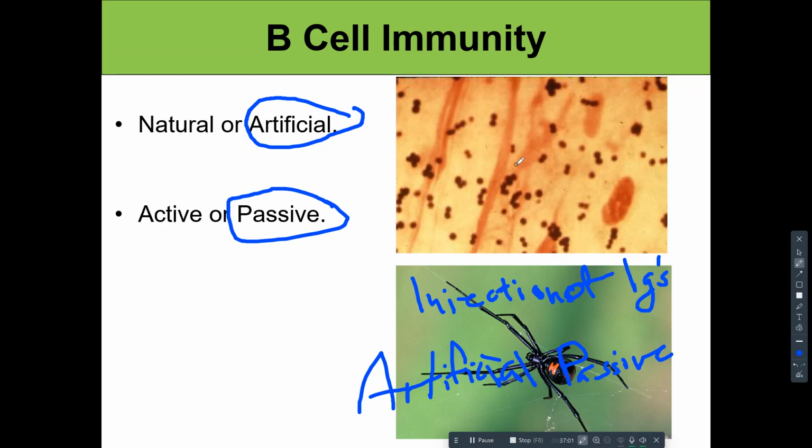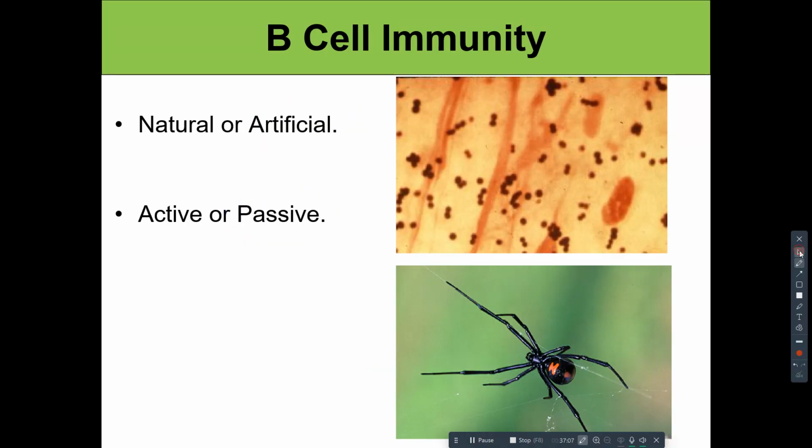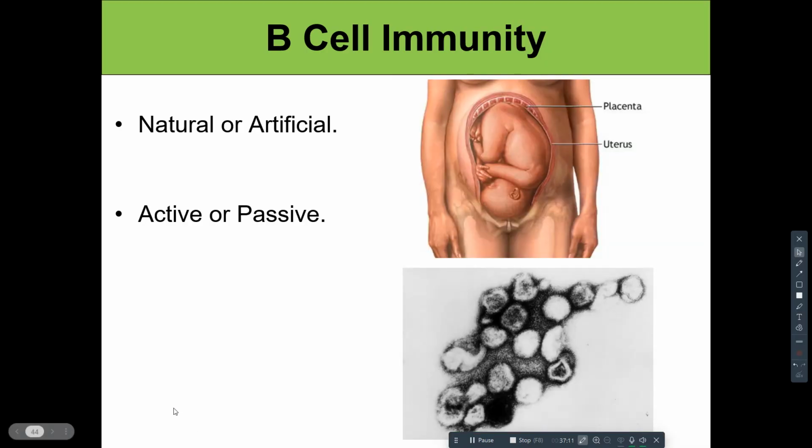Okay, so we got 2 scenarios giving us 2 varieties. We had natural active and then we had artificial passive. Let's do 2 more scenarios. All right, here we have a fetus. The fetus is in mom's uterus. There's the placenta where things are exchanged between mom and fetus.